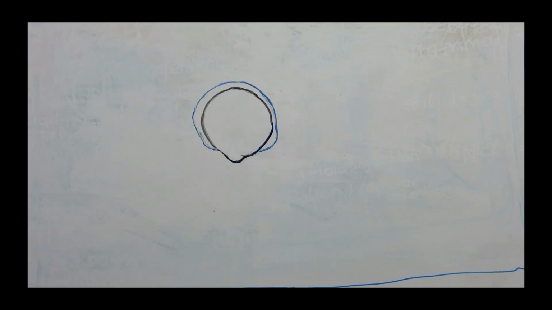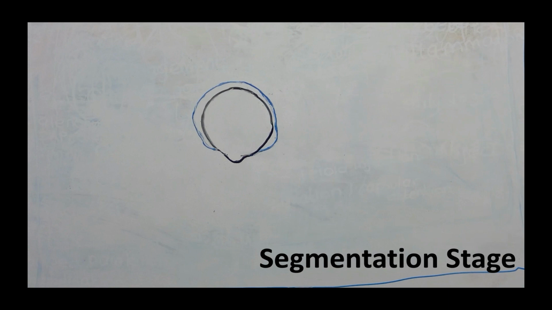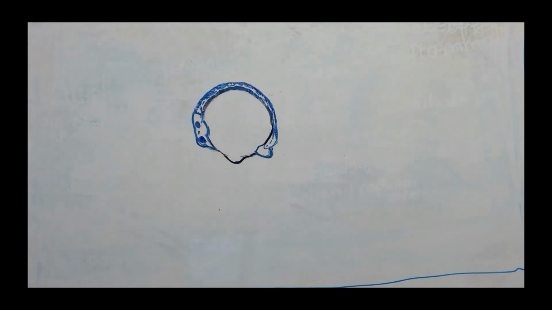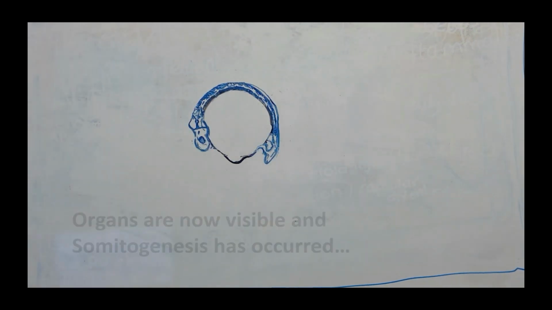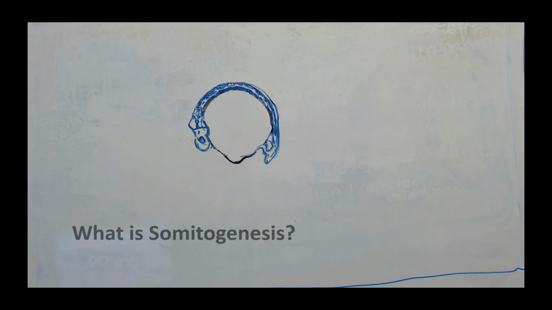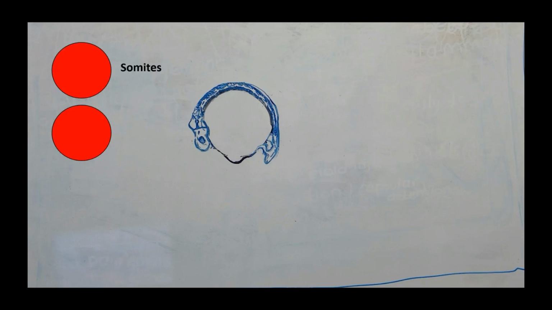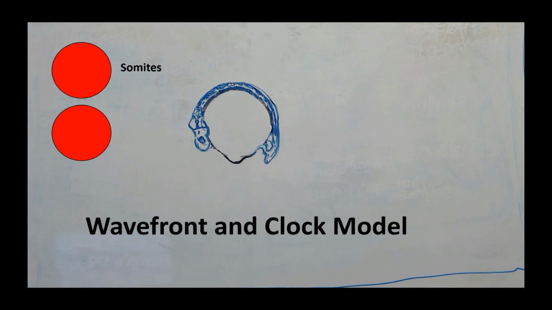The embryo then undergoes segmentation, which involves various morphological factors that give rise to the fish's morphology. Segmentation is when organs become visible. Somitogenesis begins with mesodermal walls called somites. Somites give rise to skeletal muscles, smooth muscles, and vertebrae. The formation of somites is established using an interaction of morphogens called the wavefront and clock model.